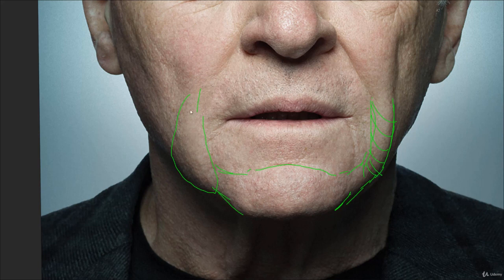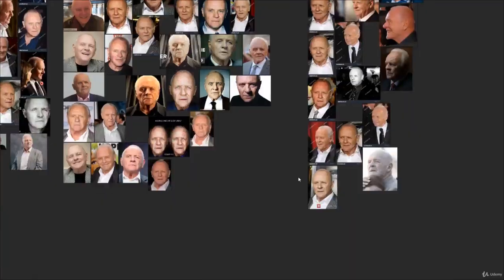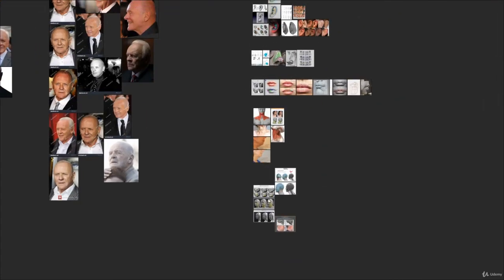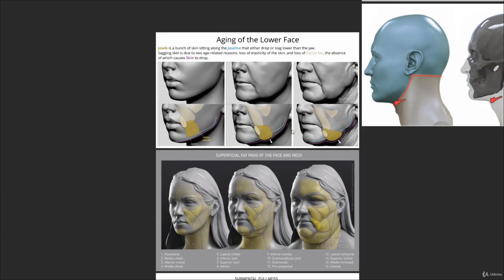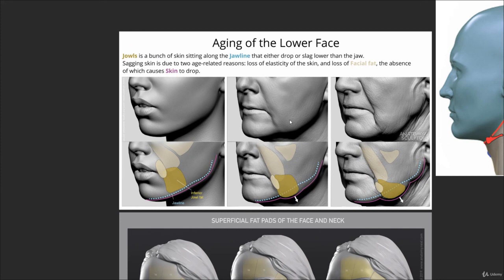They are fat regions, fat pads, I mean. So let's have a look. Anatomy for Sculptors also has some explanation about these fat pads, and look how this is also related to the aging process.